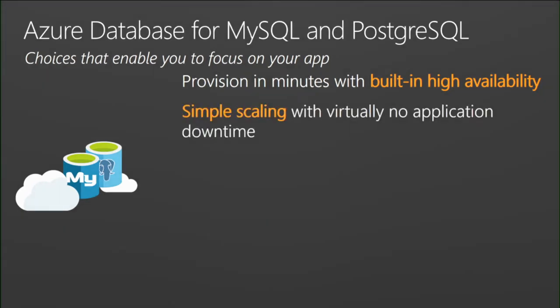And then you have simple scaling. That means as your app becomes viral and highly successful and you need more resources, you can dynamically scale on the fly with minimal application downtime. And similarly, say on the weekends, you're not seeing any traffic, you can dynamically scale it down as well. So it offers you both simple scaling up or down.